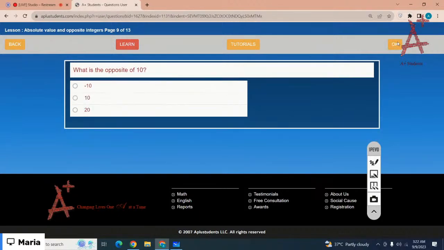What is the opposite of 10? The same value with opposite sign it is, right? So that would be negative 10.